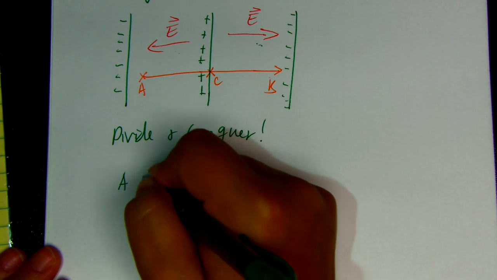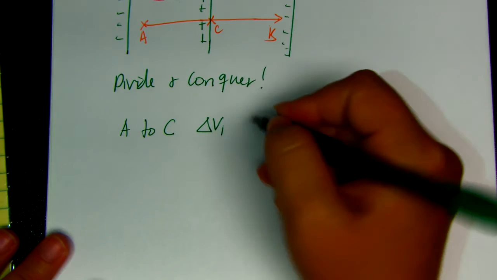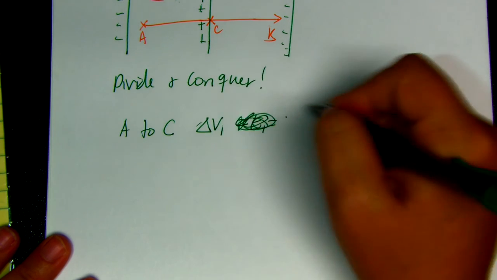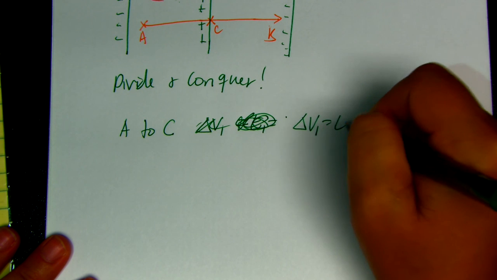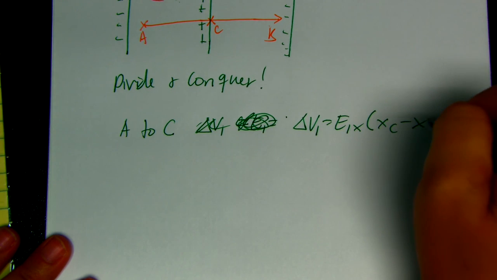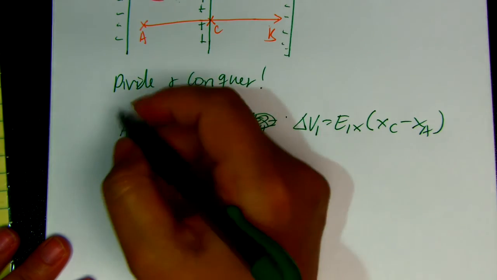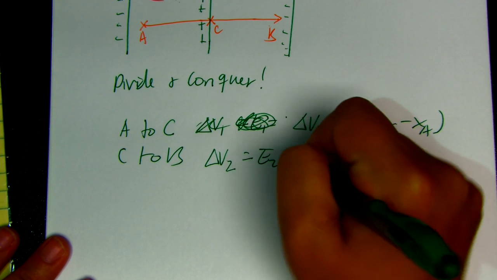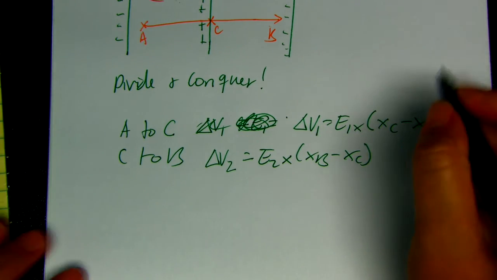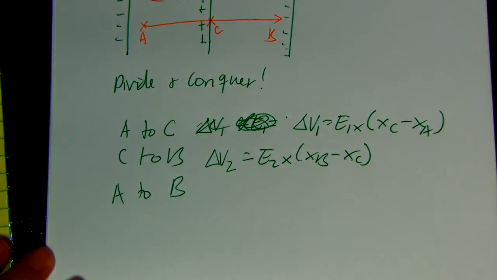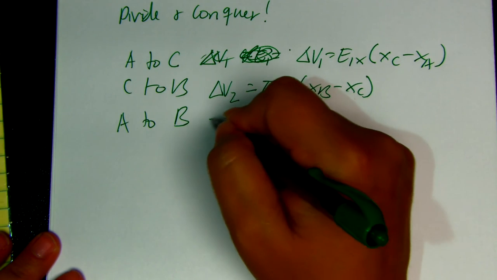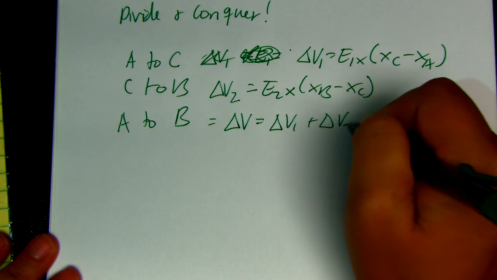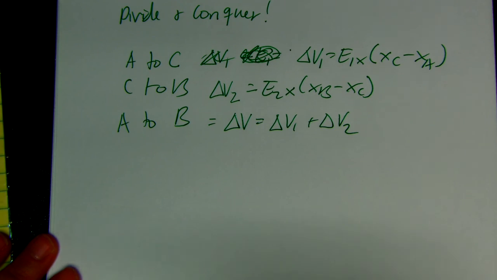So we can then calculate A to C, which is going to be delta V1, which is equal to E1x times (xc minus xa), so we're just going to calculate this, and then we can do C to B. So delta V2 is equal to E2x times (xb minus xc), and then A to B would be equal to delta V, which is delta V1 plus delta V2. We've now converted this problem into things that we can solve.